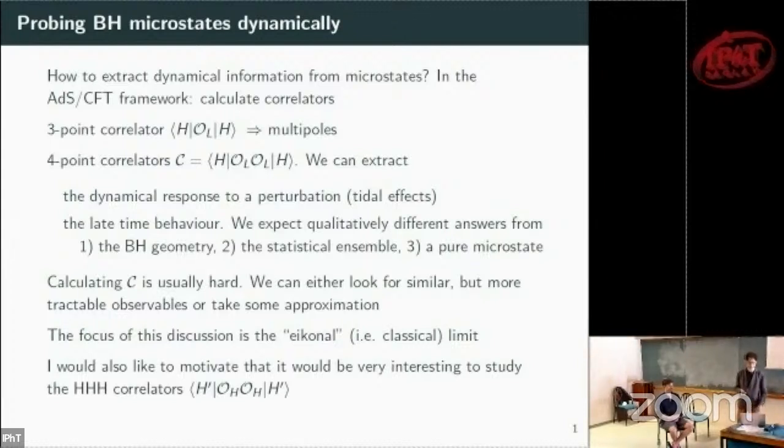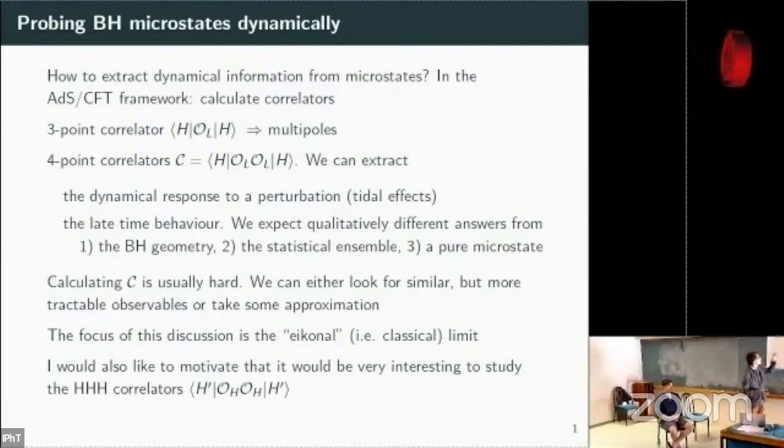But the idea is to go beyond that and to try to probe the heavy state more dynamically, right? So what you can do is just to do one step further and study the 4-point correlator, right? So you have your heavy state coming in as a ket, your heavy state as a bra, and then you insert two light states.